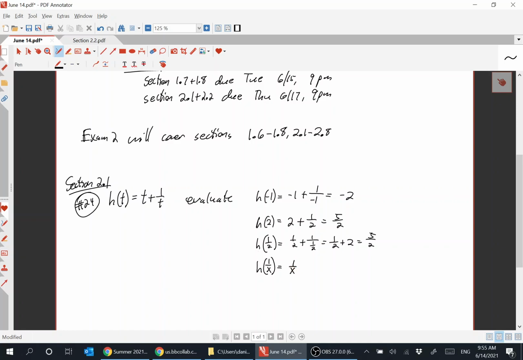So the first instance of t becomes 1 over x. The second instance of t becomes 1 over x. And then 1 over x, similar to this one up here, becomes what? One over 1 over x just becomes x.